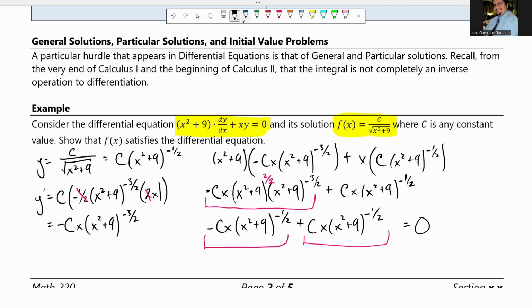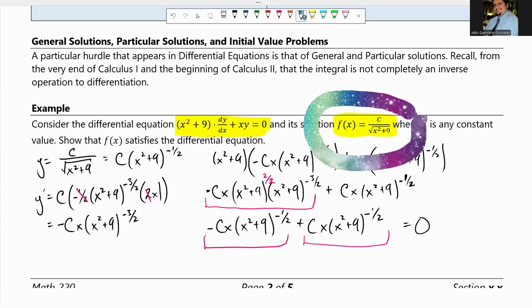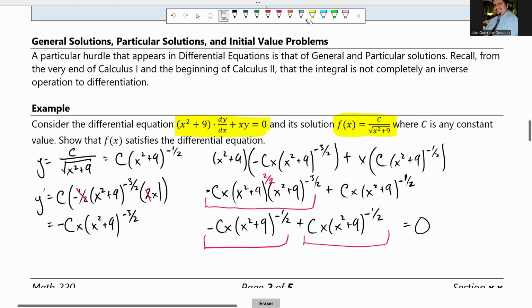Cool stuff, huh? So now what I want to point out is the fact that this was the function that I was referring to. This is the function that I said was the solution to this differential equation. It didn't matter what my c was. I just said that it was a constant value. So what does that mean?